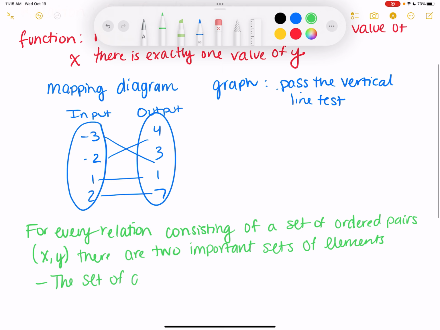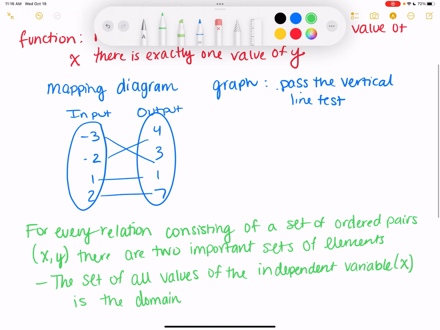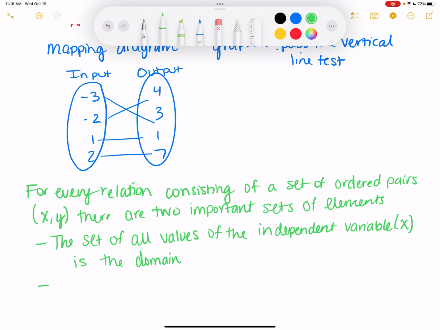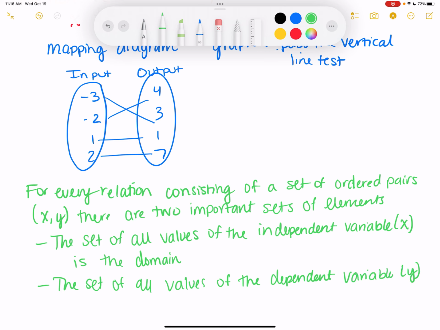The set of all values of the independent variable x is the domain. And the set of all values of the dependent variable y is the range.